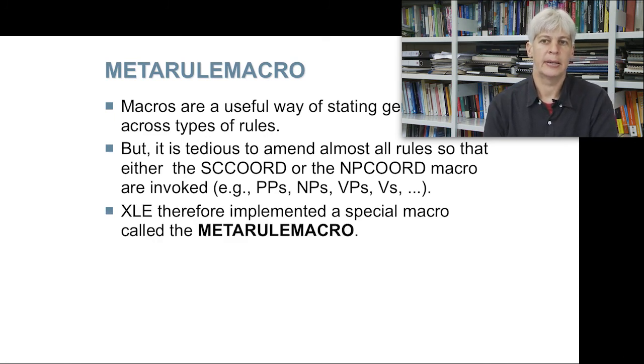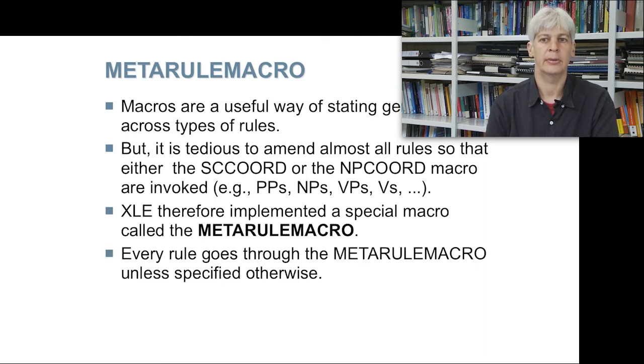But what we found was actually better is to do this whole thing via something called a meta rule macro. Okay, it's a special macro, meta rule macro. What this does is it looks exactly like a macro, but it actually applies across the entire grammar. So you specify it once. You never need to call it up in any of the rules. Every rule goes through this meta rule macro automatically.